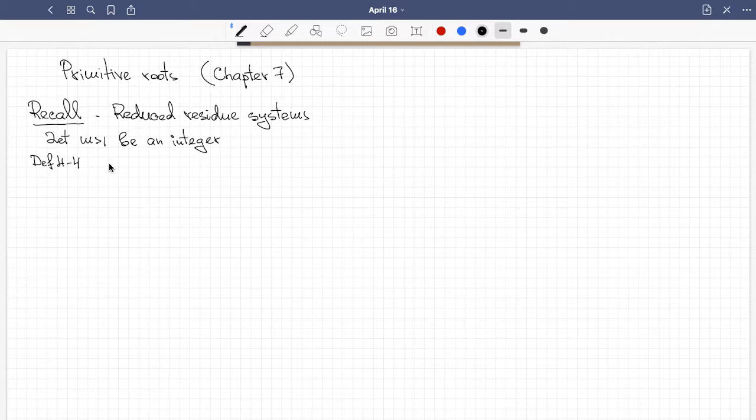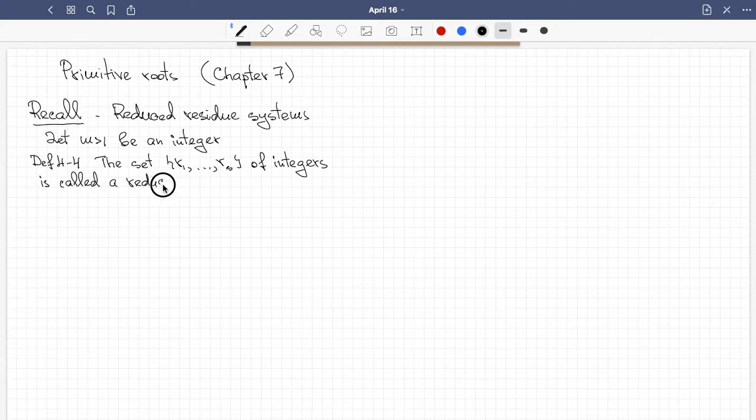This was a set of integers R1 up to Rs of integers is called a reduced residue system modulo m if the following conditions are satisfied.